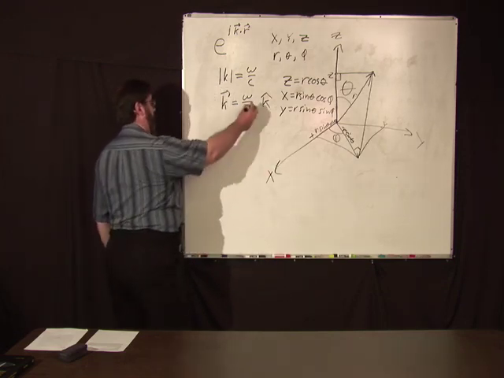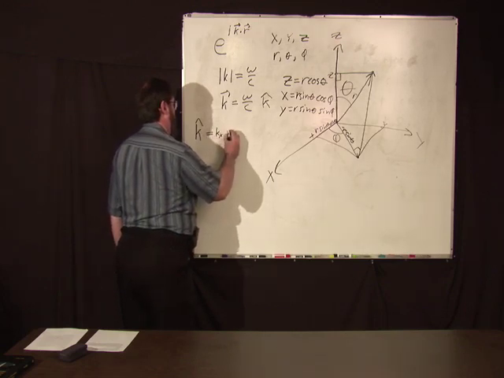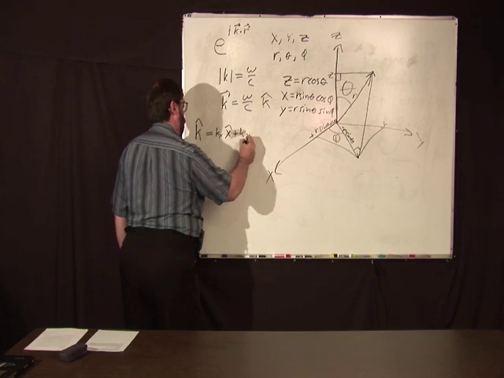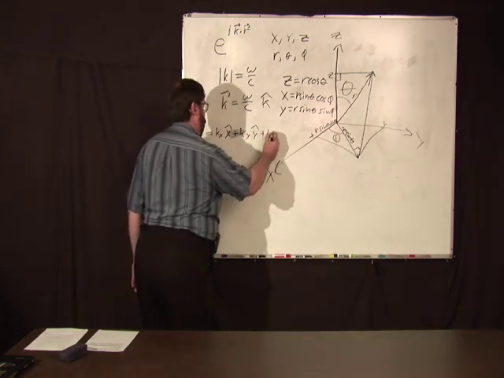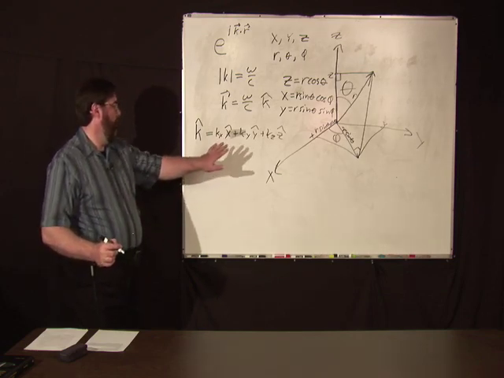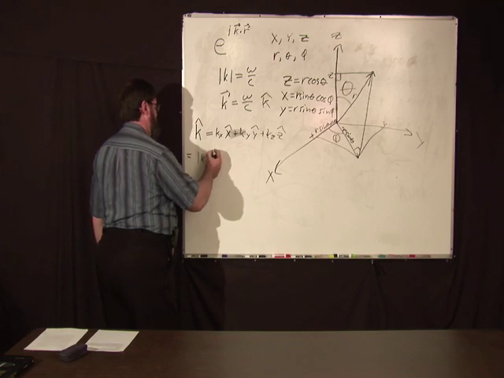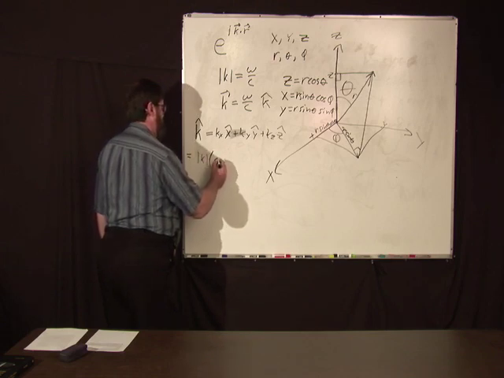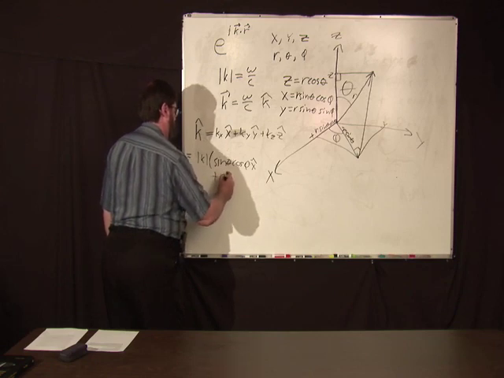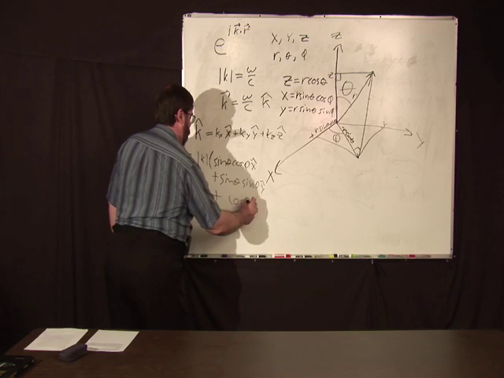So we have the general unit vector, let's say k hat, equal to kx x hat, unit vector in the x direction, plus ky y hat, unit vector in the y direction, plus kz z hat, unit vector in the z direction, or using these relationships, it's equal to magnitude of k times sine theta cosine phi x hat plus sine theta sine phi y hat plus cosine theta z hat.